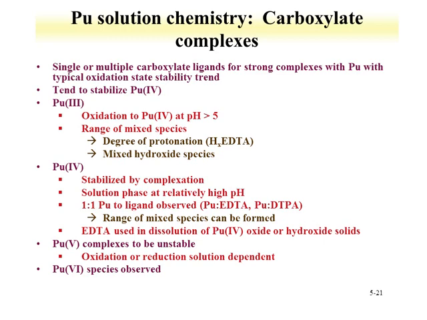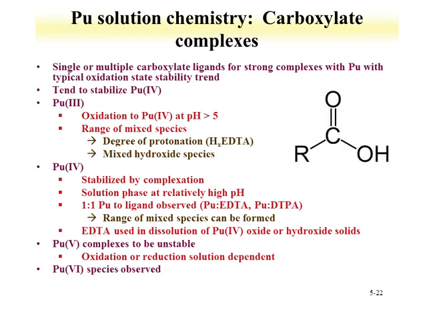And these ligands, EDTA, DTPA, citric acid, other carboxylic-based organic acids, can be used for the dissolution of plutonium oxides or hydroxides. Plutonium-5 compounds with carboxylic-based ligands tend to be unstable, and they'll undergo oxidation or reduction depending upon the solution conditions, and the plutonium-6 species have been observed.